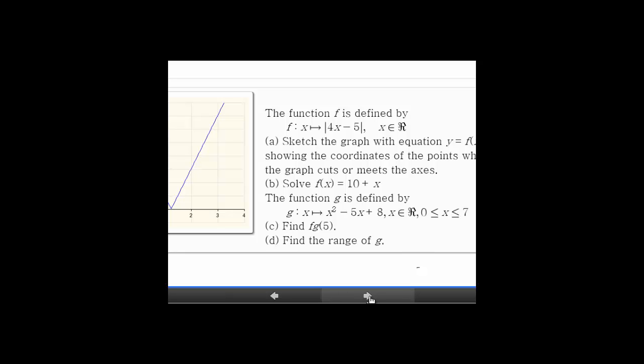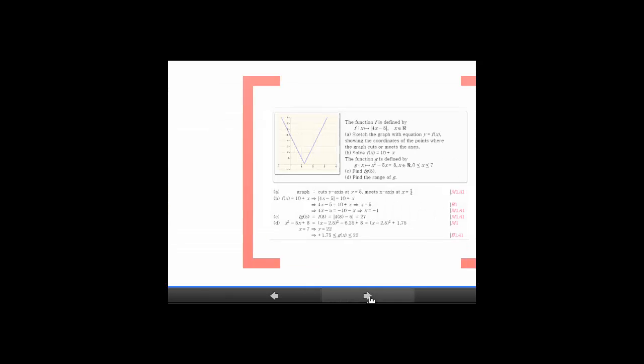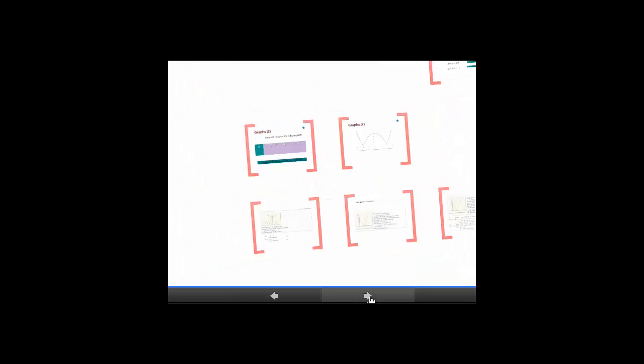Same again, pause the presentation and then check your answer. Now try this one without graphs. This is solving.